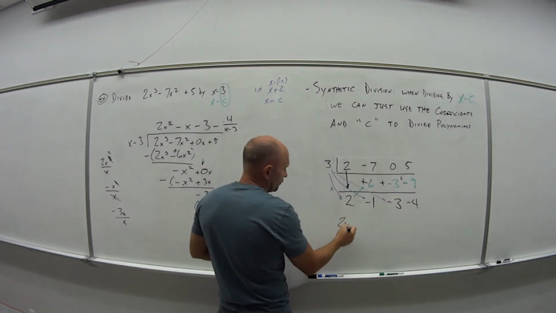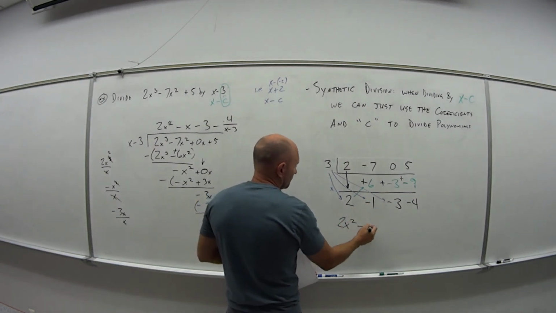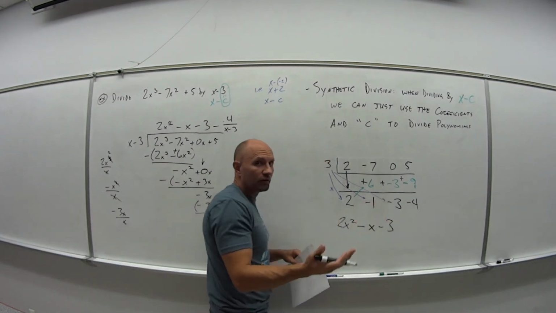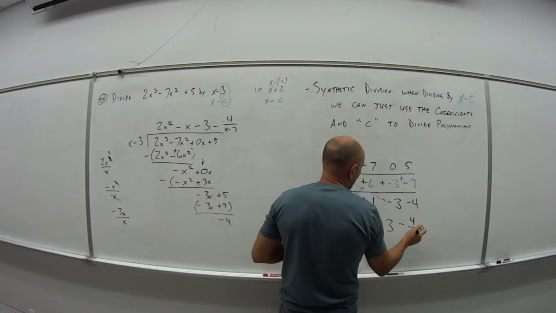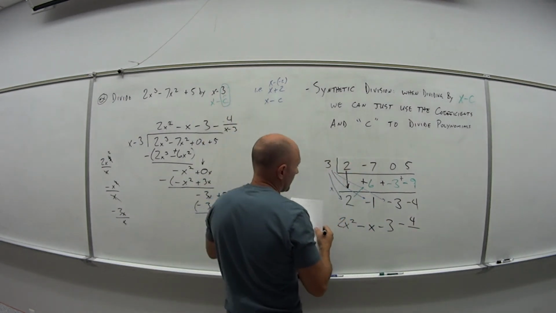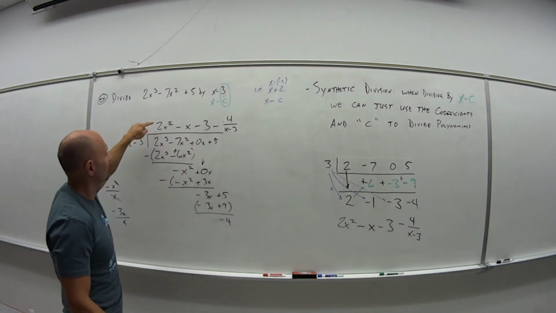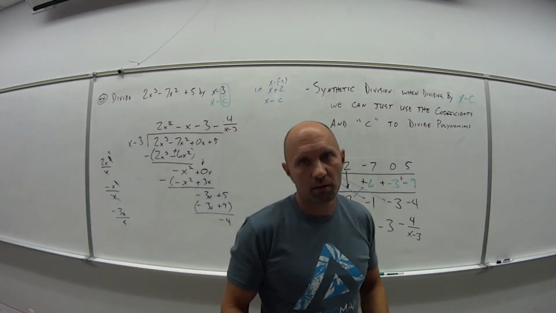So I get 2x squared minus x to the 1st minus 3x to the 0, which is 1, minus 4 over what I was dividing by, x minus 3. And you'll notice it's the exact same answer we got when we did long division.